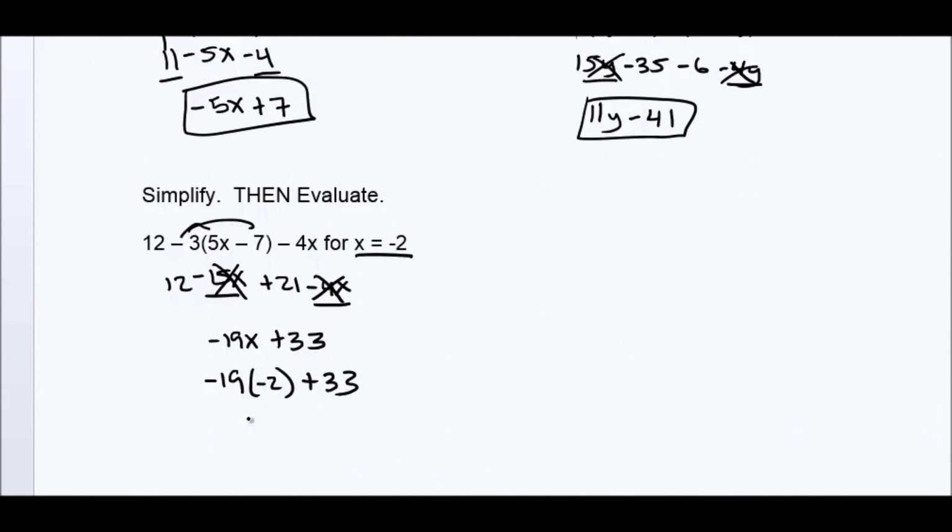And 19 times 2 is going to be, well, 10 times 2 is 20. 9 times 2 is 18, so that's 38. Positive 38 plus 33. And I'm just breaking my numbers down just to make my mental math easier. We know that 30 and 30, that's 60, plus 11, that's 71. It's just my way of doing mental math.